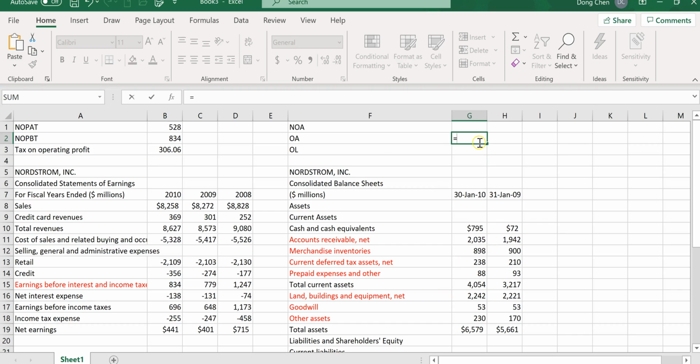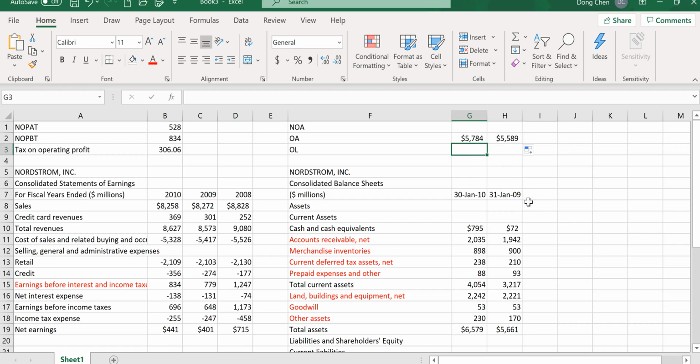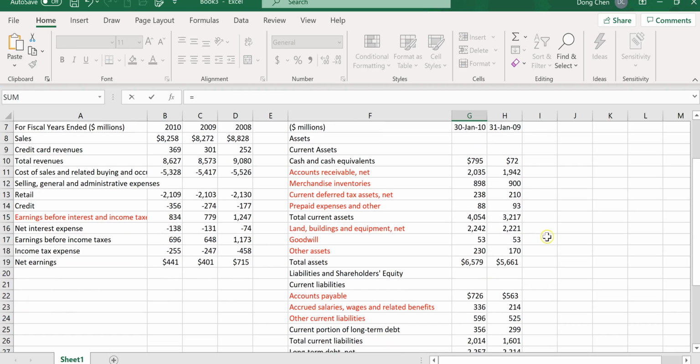That's the approach we're taking here. So that's the total assets minus the cash and cash equivalents, and that's the operating asset. Then we pull the cell to the other year, and we get the operating assets for 2009. And operating liabilities are basically the sum of these different items, highlighted in red.